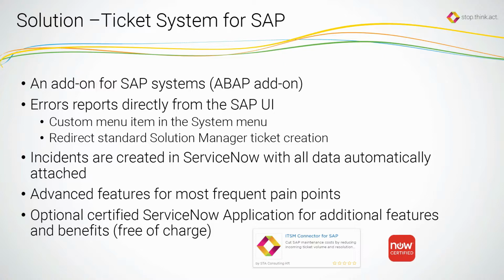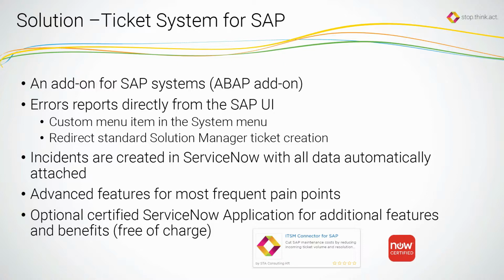So the incidents are created in the external system. Today we'll use ServiceNow as an example, and it also attaches all information that is relevant for the problem automatically. We also have some advanced features for the most frequent pain points I've discussed. I'll show everything today.